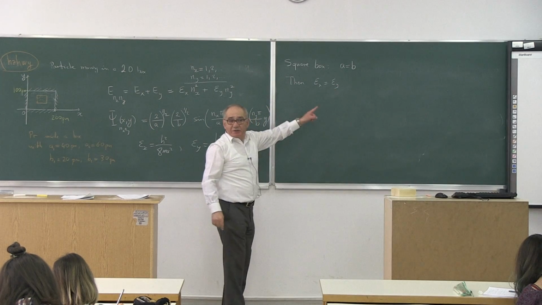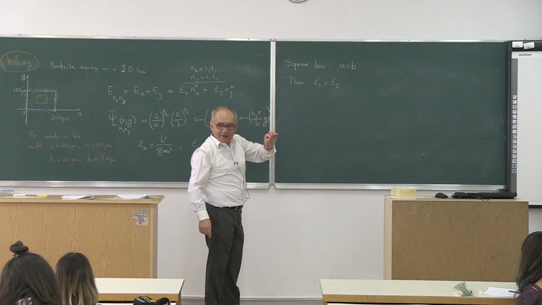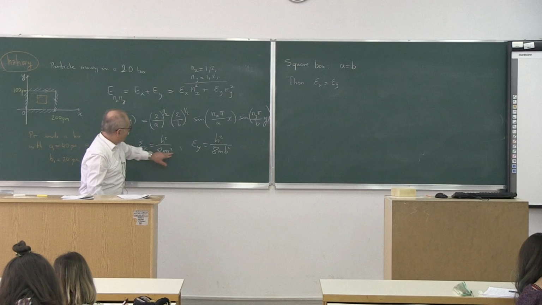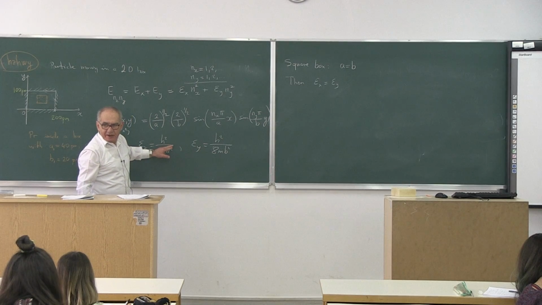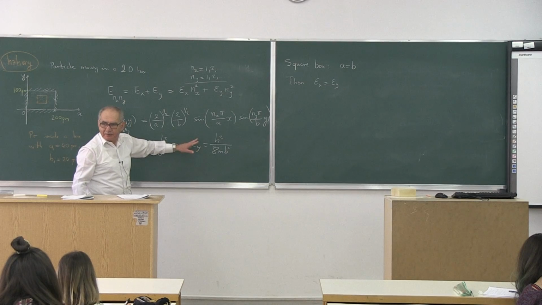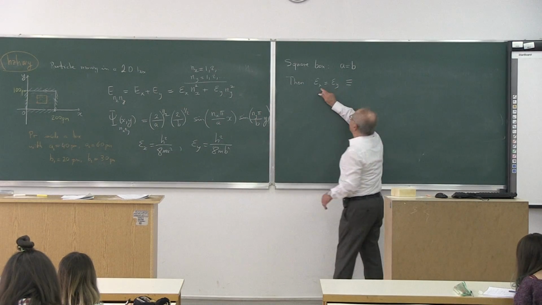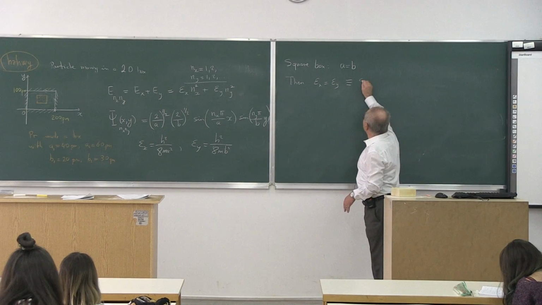Then these parameters, epsilon x and epsilon y, these are energy parameters. They are the same. Notice, if A is the same as B, epsilon x will be same as epsilon y. And drop the xy subscript for simplicity, just call it epsilon.